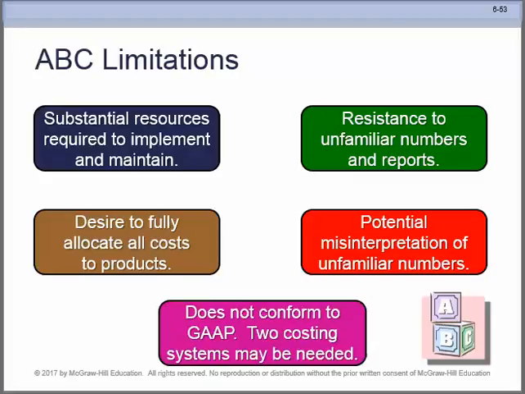There's the desire to allocate all costs to products, and that is the game you want to get to. And when you're doing your own business, you want to, as much as possible, have your sales cover the costs that you're incurring. There's also potential for misinterpretation of unfamiliar numbers, and since it isn't GAAP compliant, you may have to have 2 costing systems.